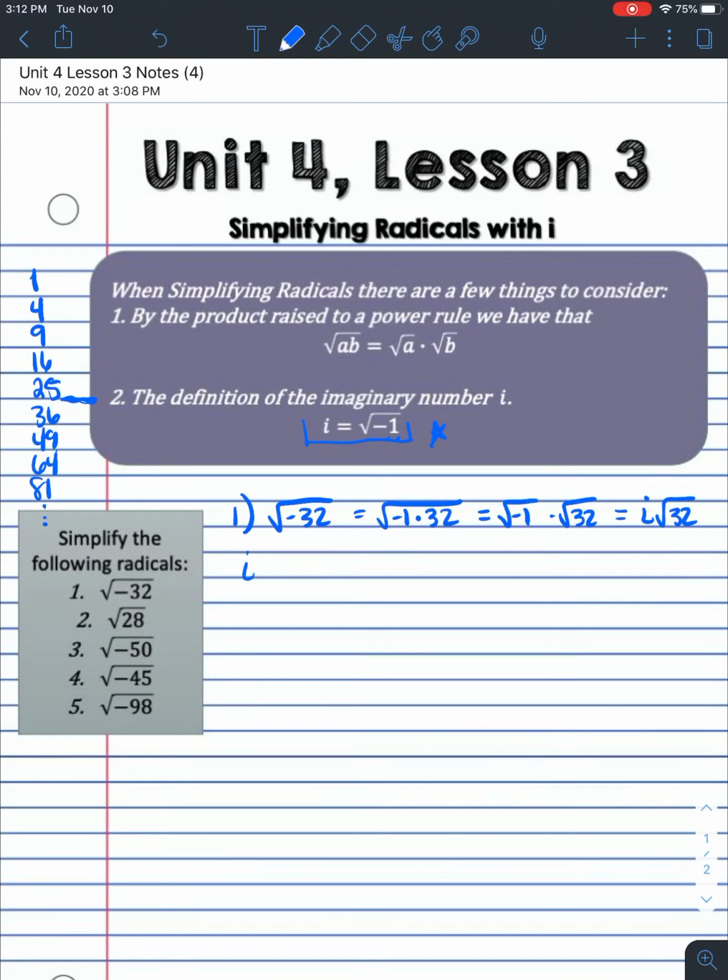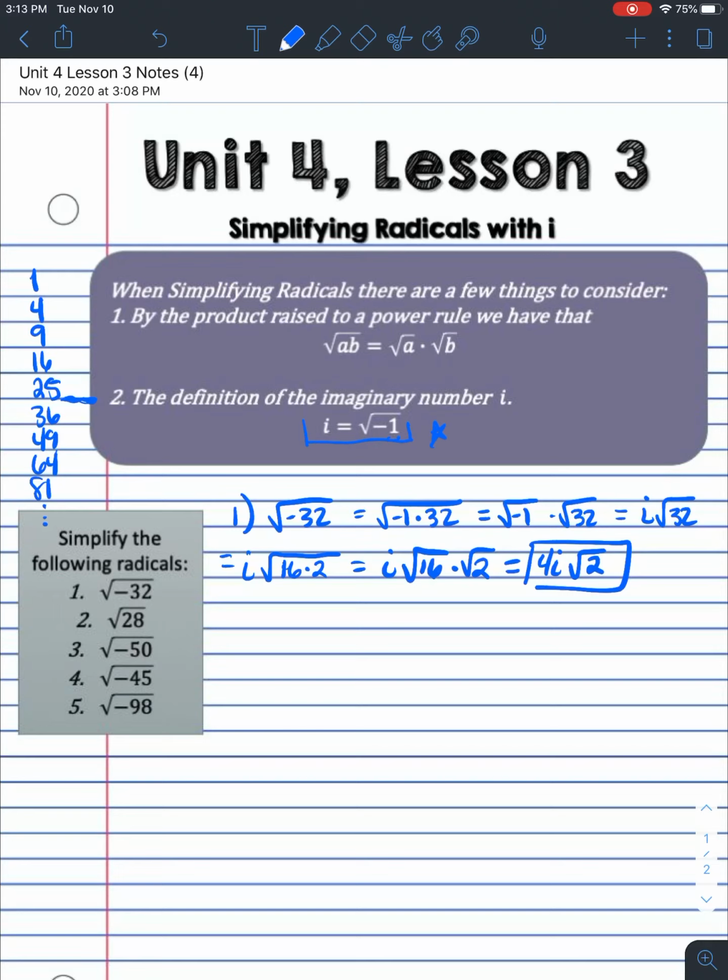So I'm going to break this down: 32 can be divided by 16, and that's going to give me 2. So 16 times 2 gives me 32. So I can rewrite this as i times the square root of 16 times the square root of 2. And the square root of 16 is 4, so this becomes 4i times the square root of 2.